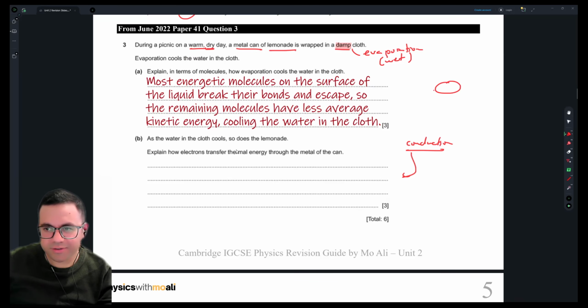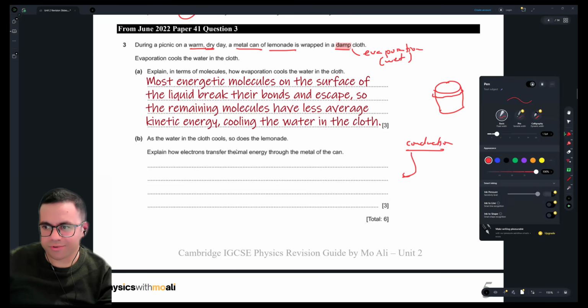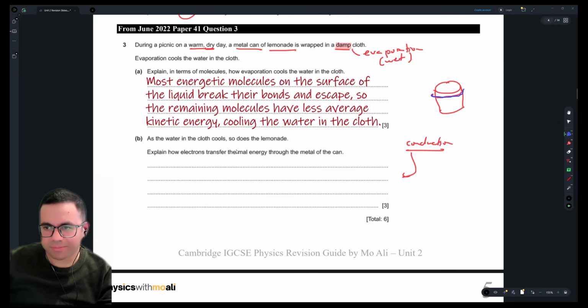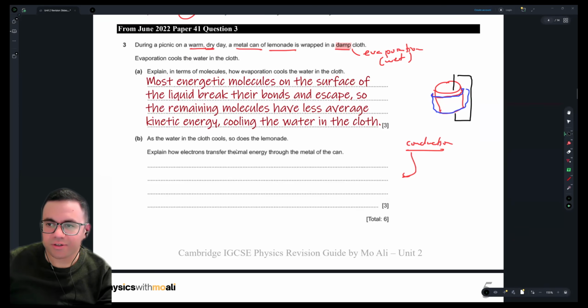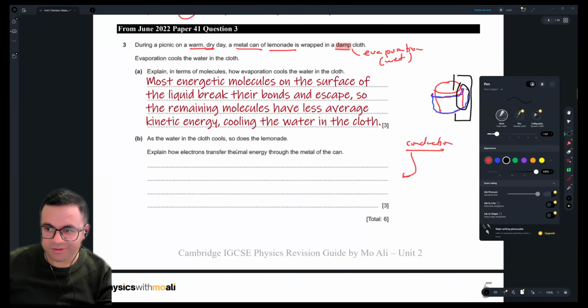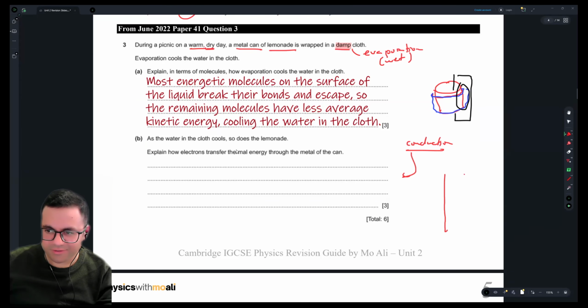Imagine this is your can of lemonade. You've wrapped a cloth around it. Actually, we should color the cloth blue. We've wrapped a wet cloth around it. So if I cut a cross section here so that you can only see what happens inside the wall of the can. Here's your can. Here's the cross section of the can.